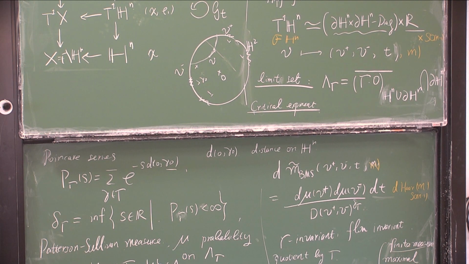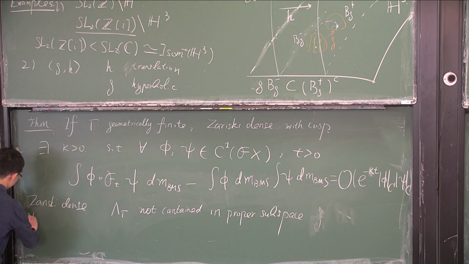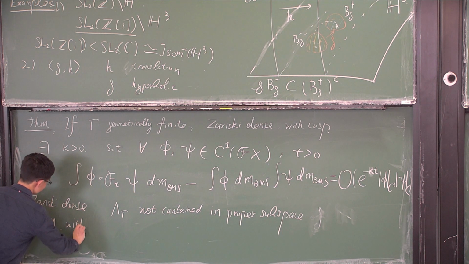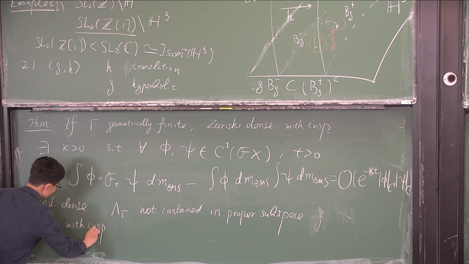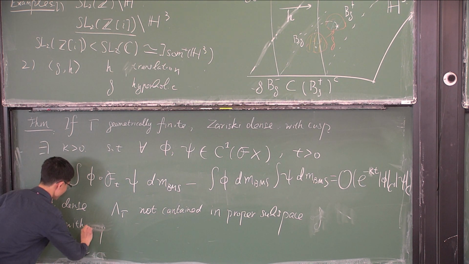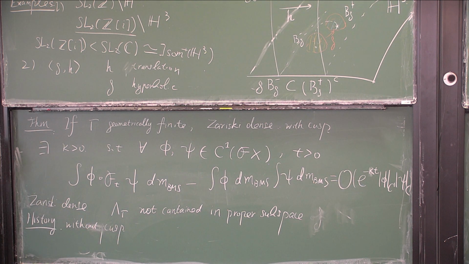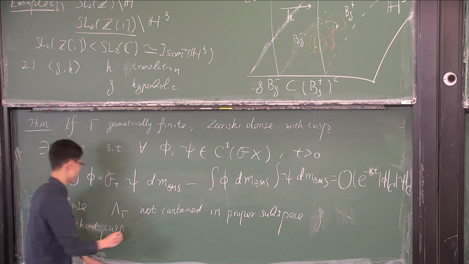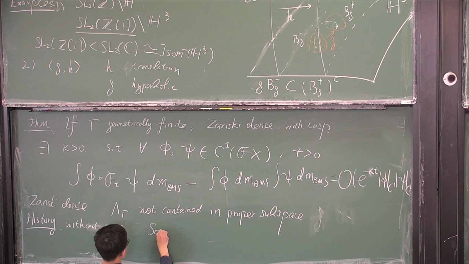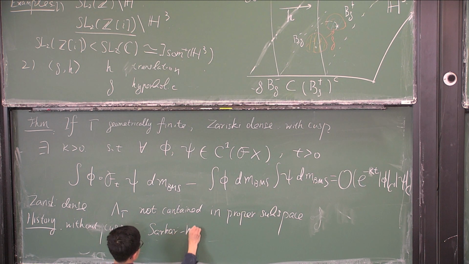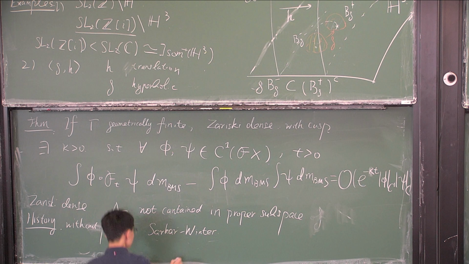Sorry, when you say Zariski dense with cusp, you impose that it has a cusp? Yes, but the case without cusp is already done. Without cusp, it is called convex co-compact, and in that case it is done by Sarkar-Winter.